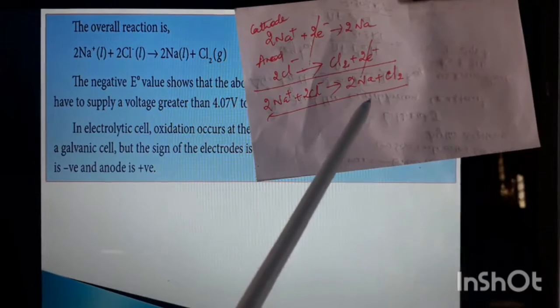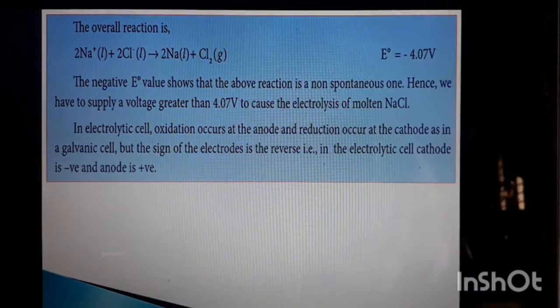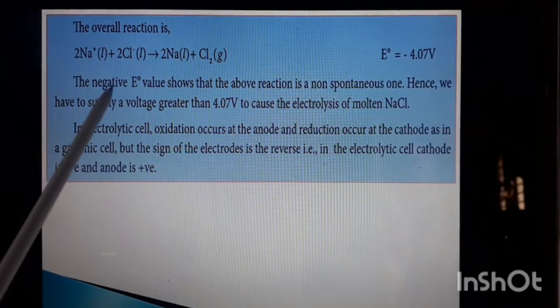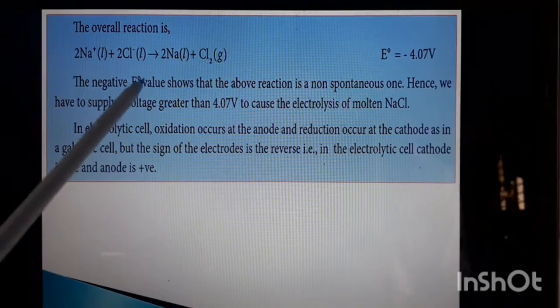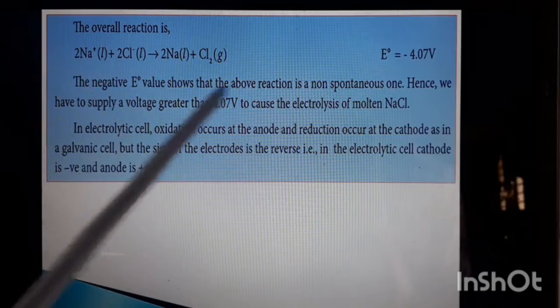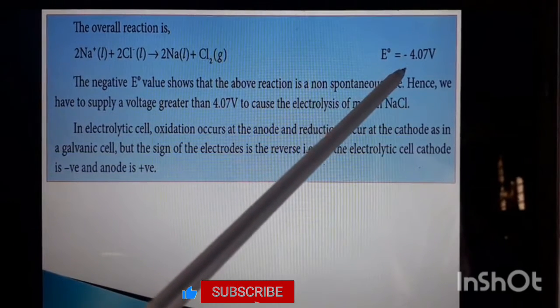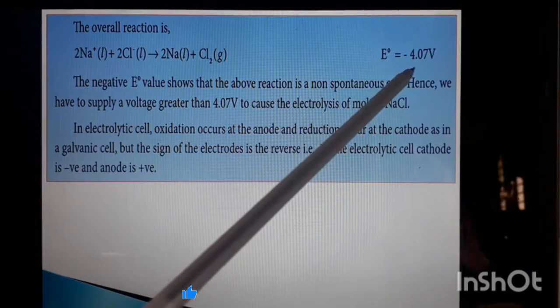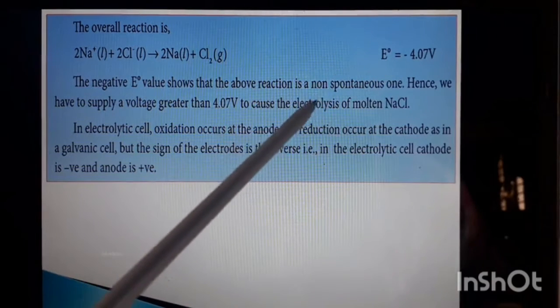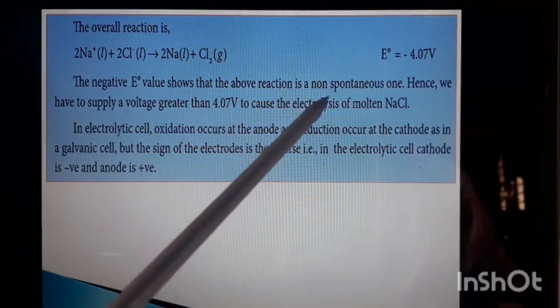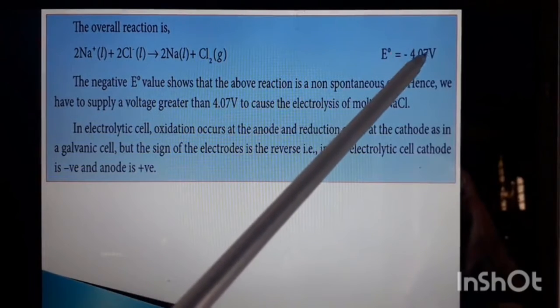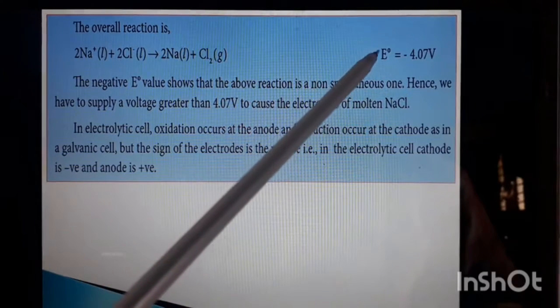Okay. Now the negative E0 value shows the above reaction is non-spontaneous. The negative value here is 4.07 volt. This is a non-spontaneous one. E0 negative means delta G is positive.